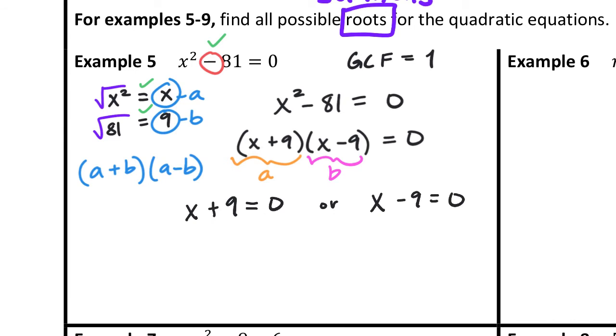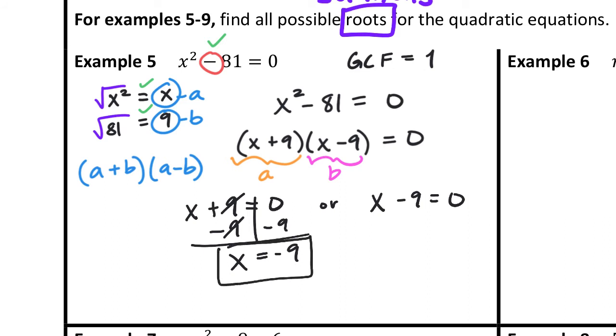So I would solve for x, minus 9, cancel, x equals negative 9, and then plus 9, these cancel, x equals 9.